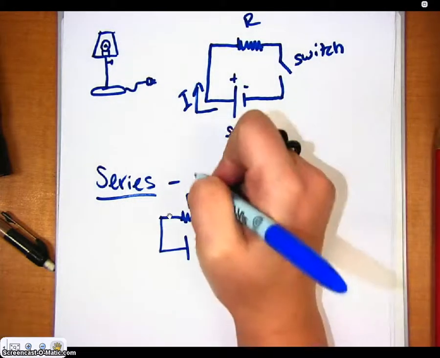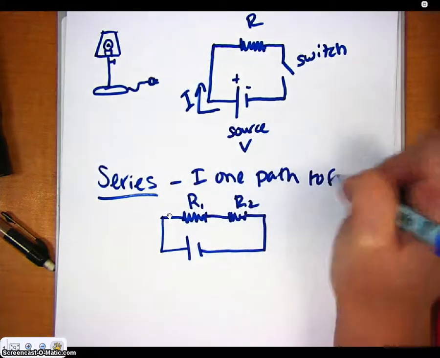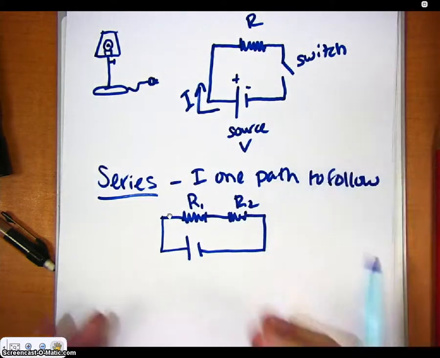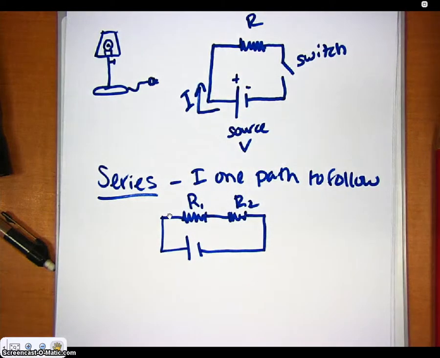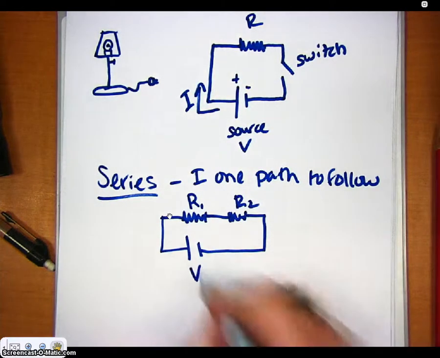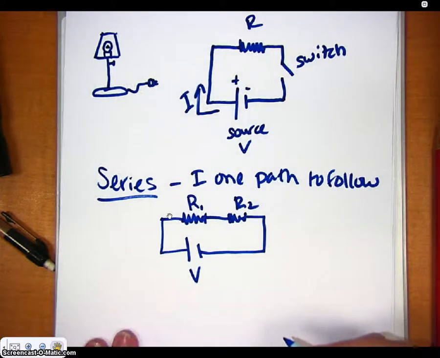For something in series, the current only has one path to follow. It doesn't split off anywhere. All of the current is happening at the same time. In order to calculate the current, we need to know the total resistance.